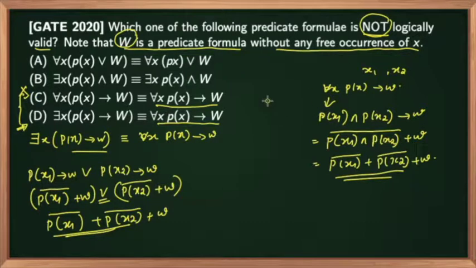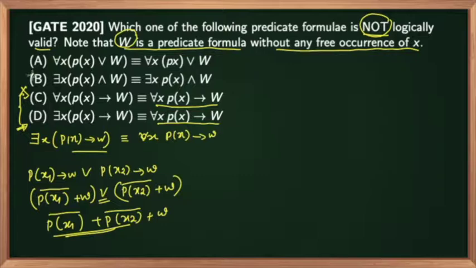Anyway, let's see all other choices. So we have choice A. It says for all x, P of x or W. So that will be equal to P of x1 or W, right? And P of x2 or W, right?